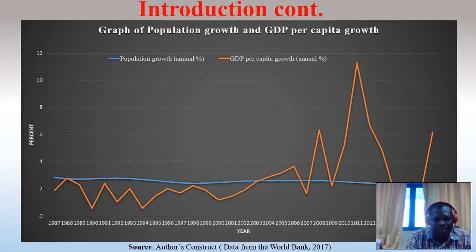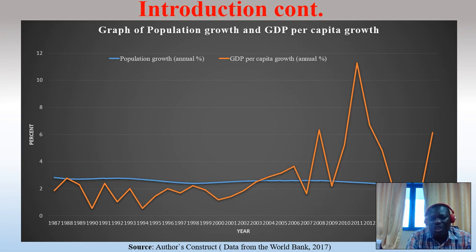So that has been the nature of the development of population growth in the country from 1987 to 2017. This is the GDP per capita growth, and one can realize that after 1988, our GDP per capita growth was actually below the population growth rate, and that has implications for economic management.